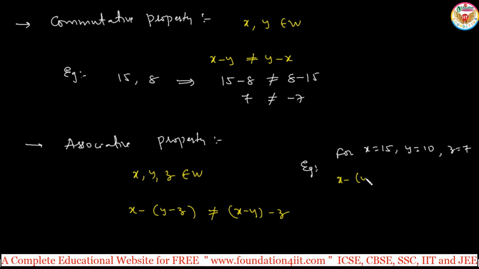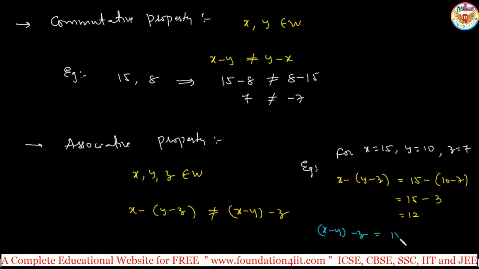First, x minus y minus z, that is 15 minus 10 minus 7. 10 minus 7 is 3. 15 minus 3 is 12. So we got 12. Next one, x minus y minus z.